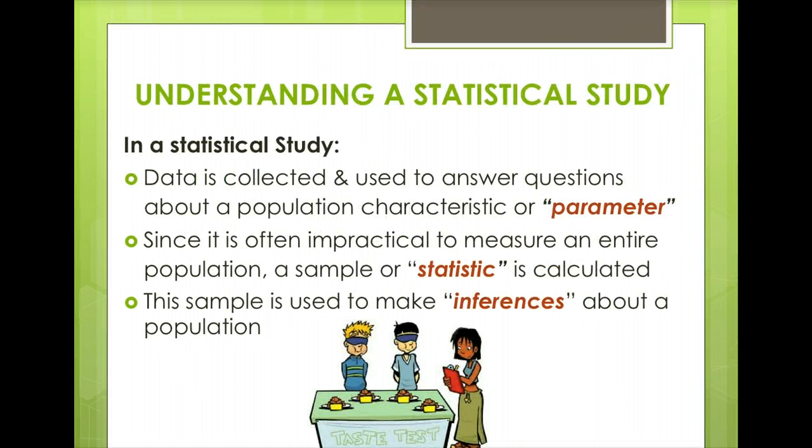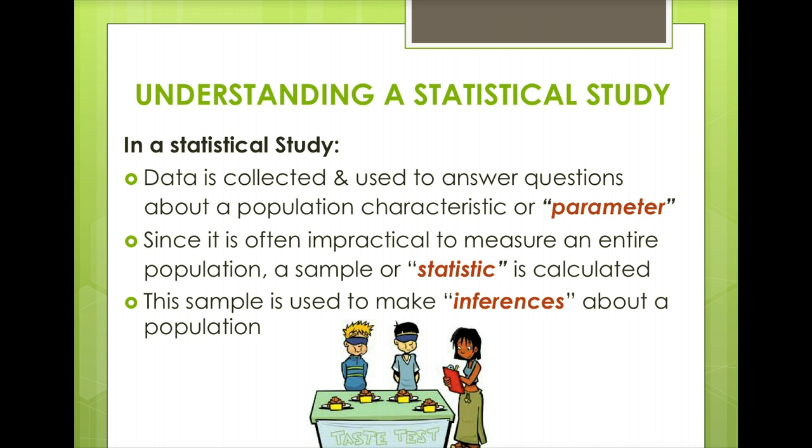Understanding a statistical study. In a statistical study, data is collected and used to answer questions about a population characteristic, or parameter, as it is sometimes called. Since it is often impractical to measure an entire population, a sample or statistic is calculated. For example, say you were a producer of a new reality TV show and you wanted to find out how America thought about your new reality TV show, as well as their opinion of the characters.